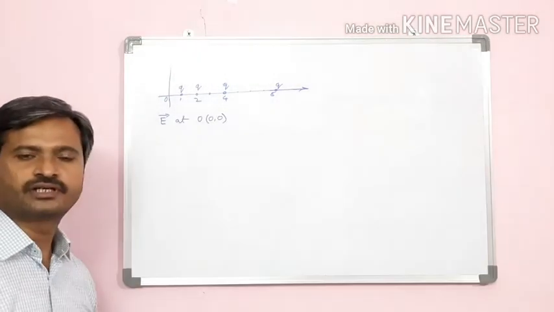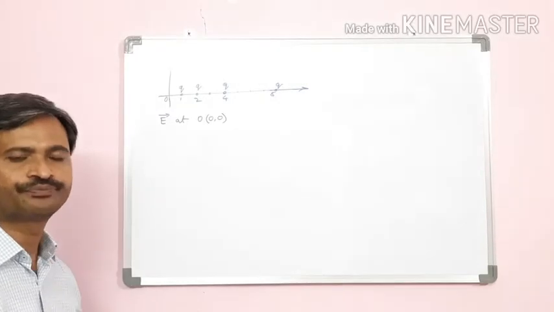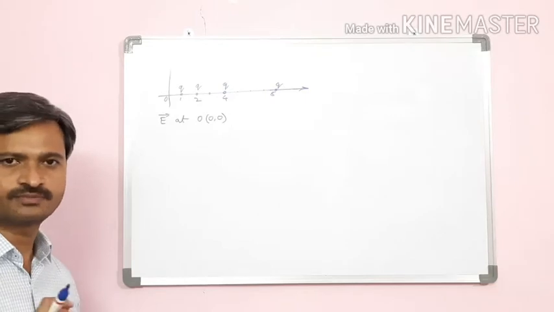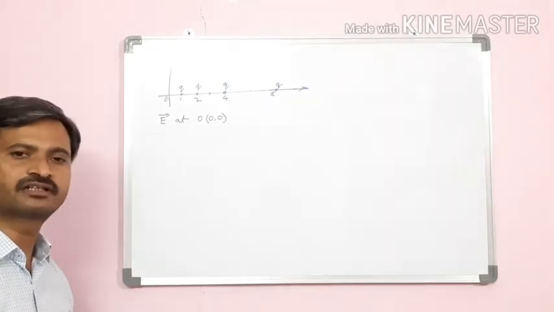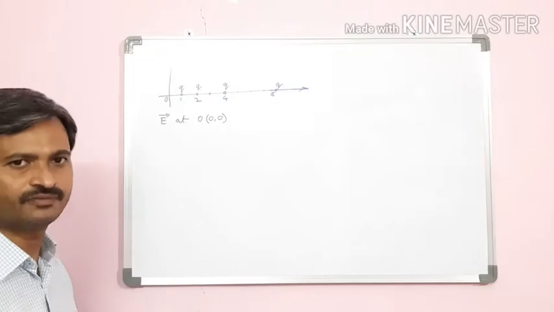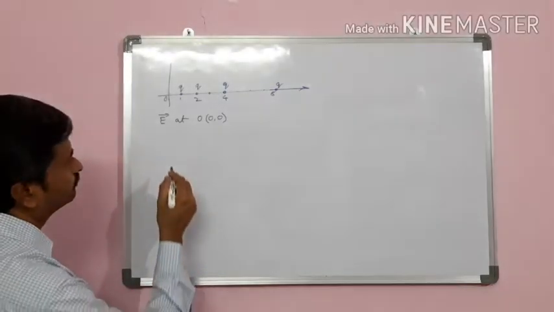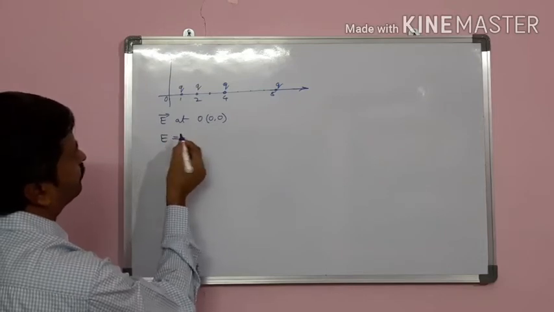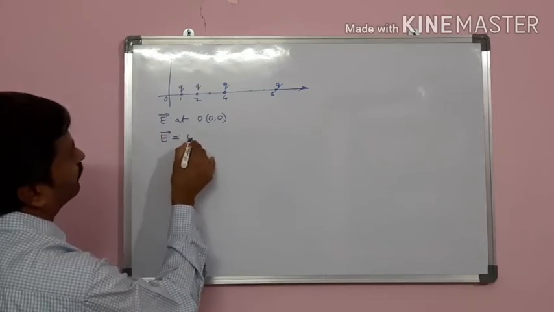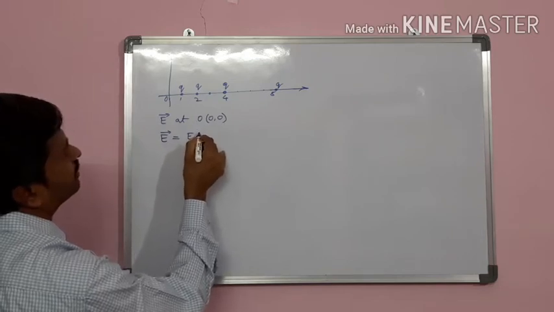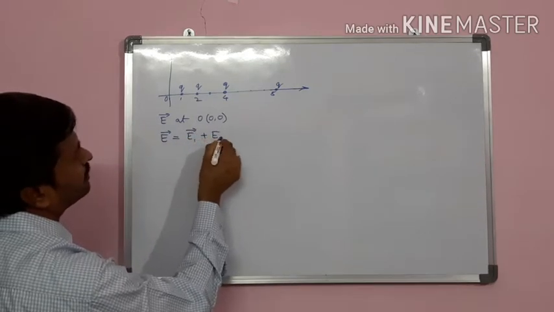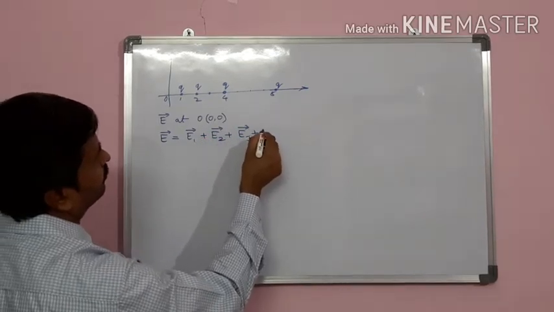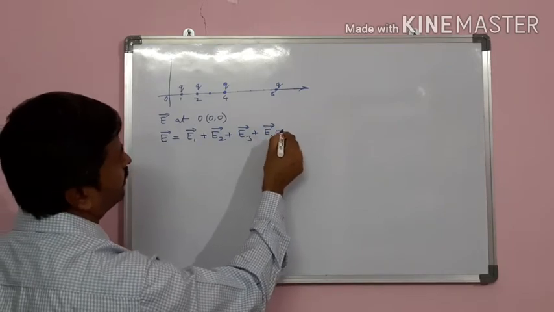Now, in this there are two concepts we are using. That is vector sum of electric fields, first point, and the formula for the electric field. Third, mathematical simplification. So here, given the formula, E is equal to E1 plus E2 plus E3 plus E4 plus and so on.